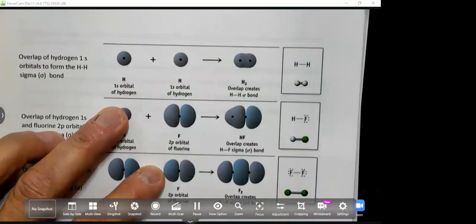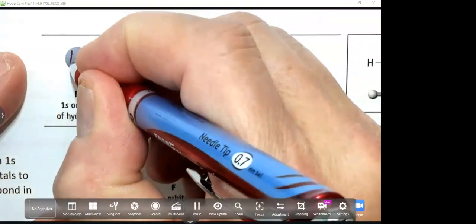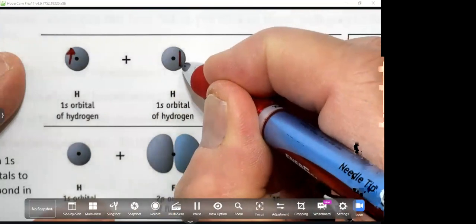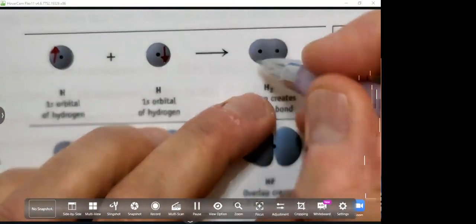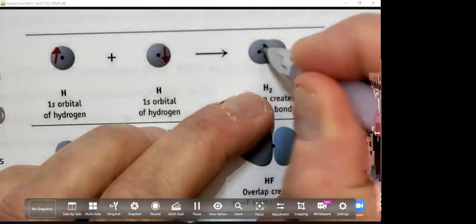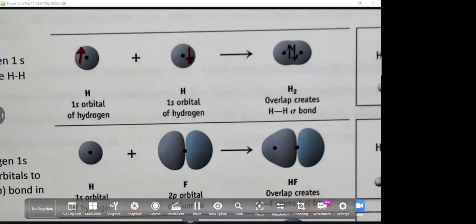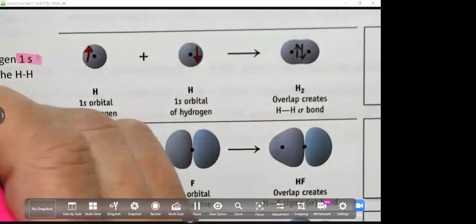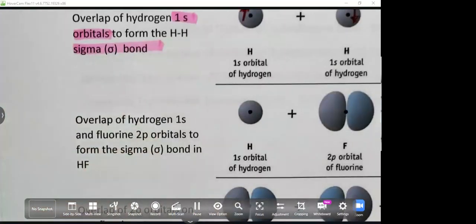So it would make sense that if we have one electron here with up spin and one electron here with down spin, they would come together to make this bond. This is the overlap of 1s orbitals. We just got a sigma bond.